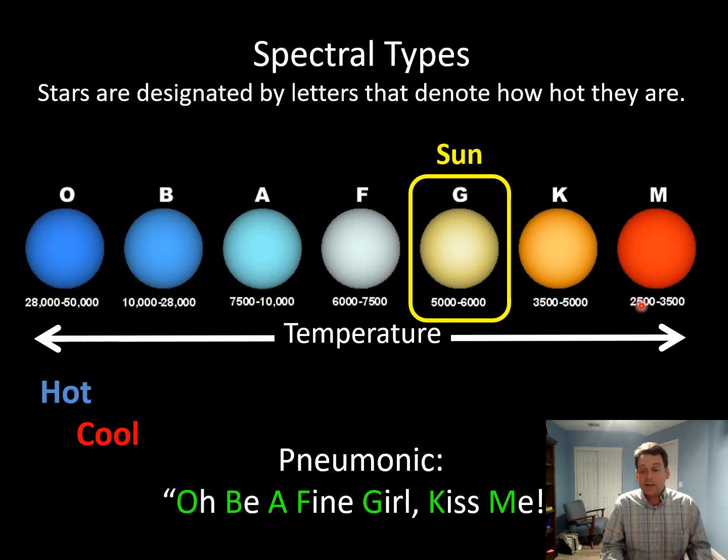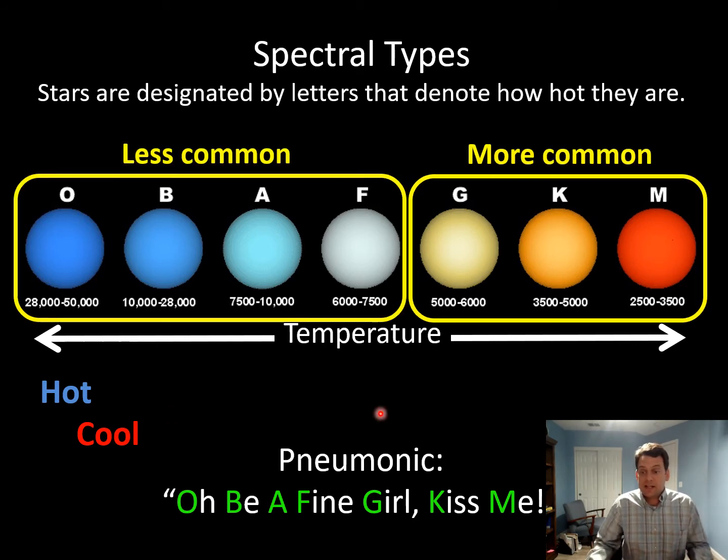So we're not going to do a whole lot as far as memorizing what stars are in what spectral class, for example, but we do need to know O-class stars are the hottest, M-class stars are the coolest, the sun is a G-class star, and then sort of fill in these other letters. So anyway, that's the classification system for spectral types.